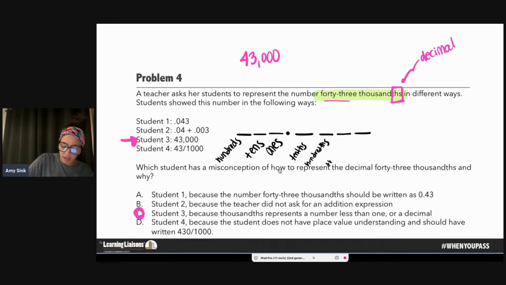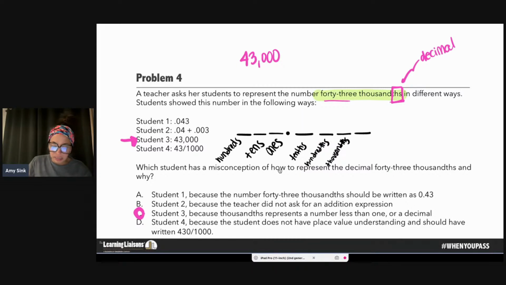This is our thousandths and 10,000ths, right? I've never understood why we don't have oneths, like why did we start with tenths? But anyways, because the number 43 thousandths should be written as 0.43, and 0.43 would be 43 hundredths because of where that number stops, right? So it's definitely not that one.